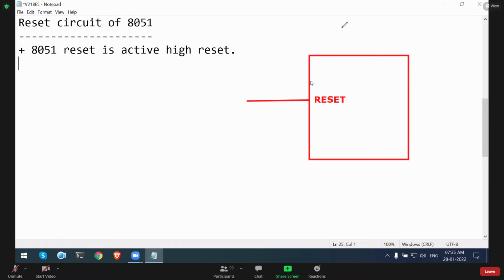Active high reset means whenever we give 1 on this reset pin, only then will the microcontroller reset. And when you give 0, then the microcontroller will not reset.